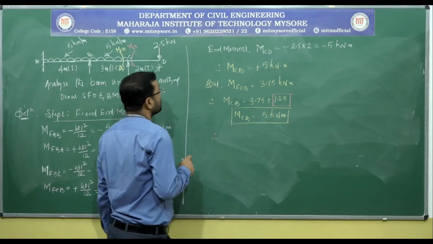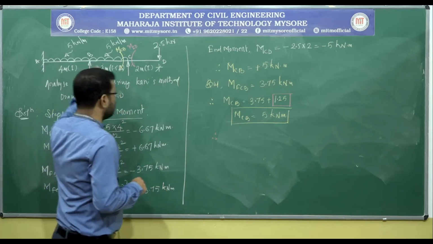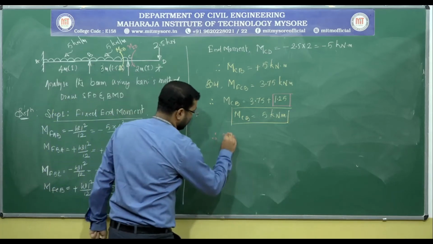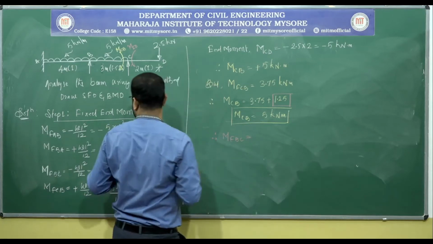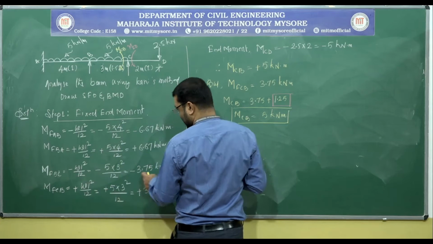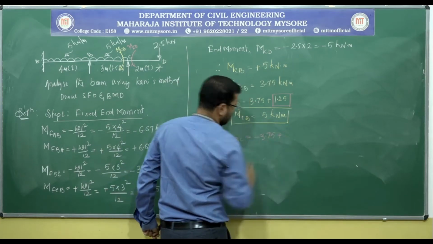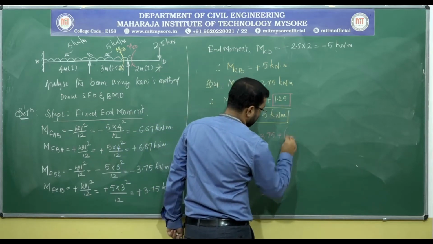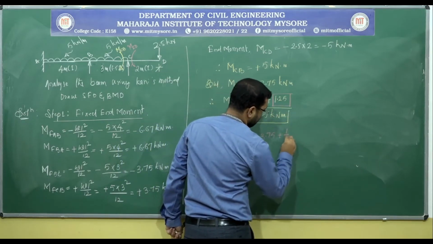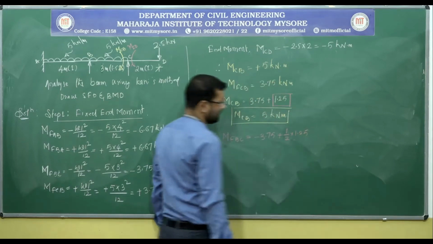Therefore, the fixed end moment MFBC, as per our previous calculation, is minus 3.75 plus half of 1.25.